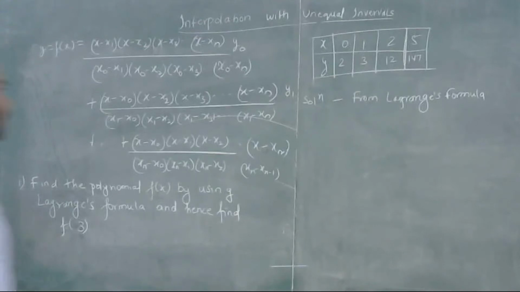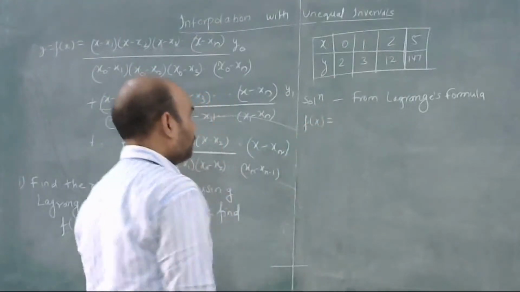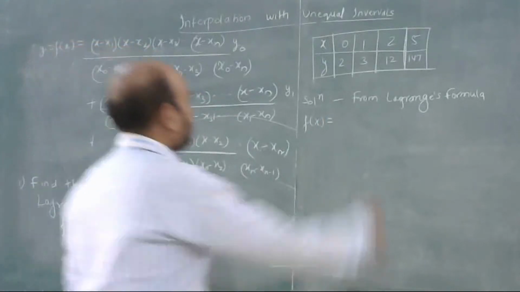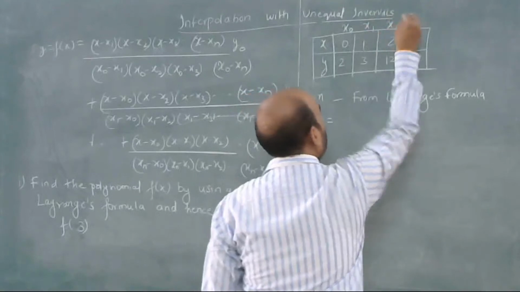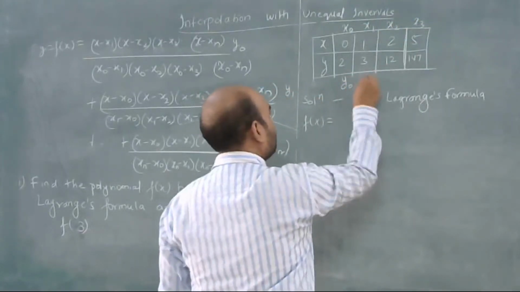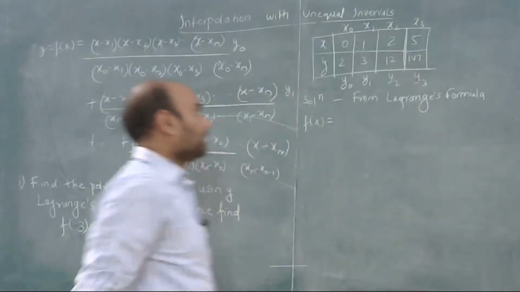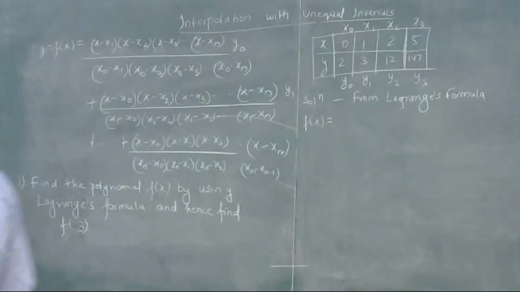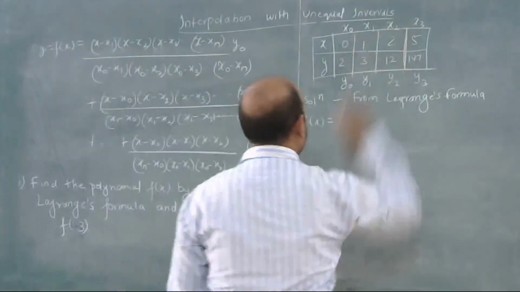So this will be equal to f of x, where x0, x1, x2, x3 and y0, y1, y2, y3 are given.